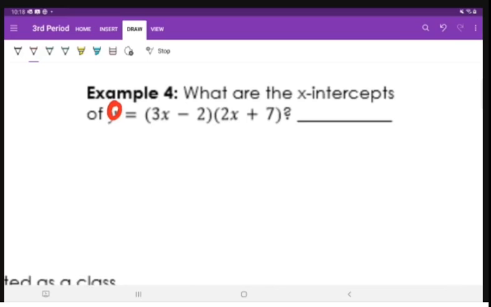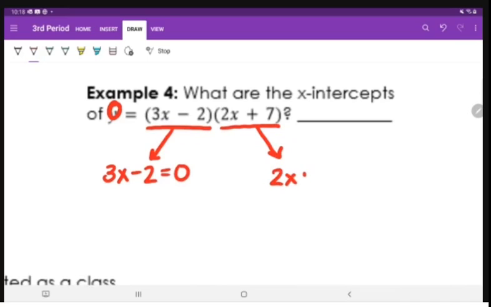And then we know that one of these two factors has to be 0. So if it's the first factor, then 3x minus 2 is equal to 0. Or if it's the second factor, then 2x plus 7 is equal to 0. We have to solve both of these for x.